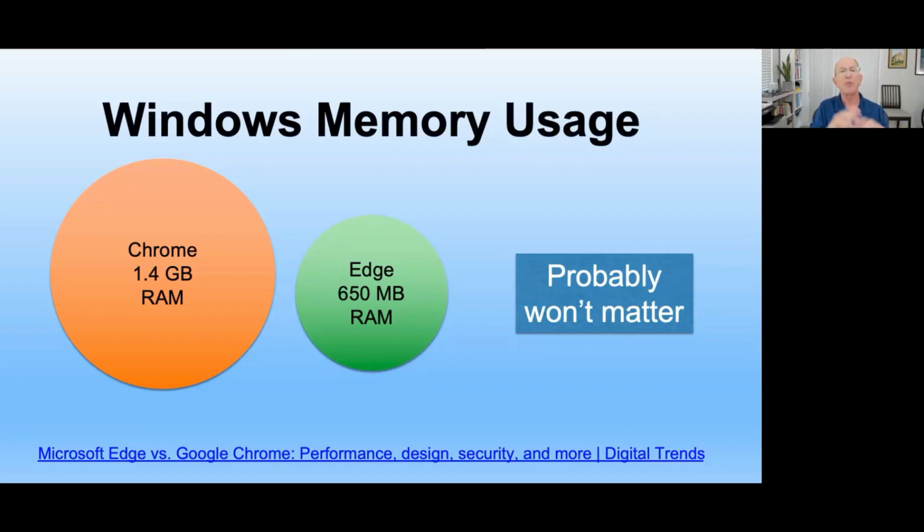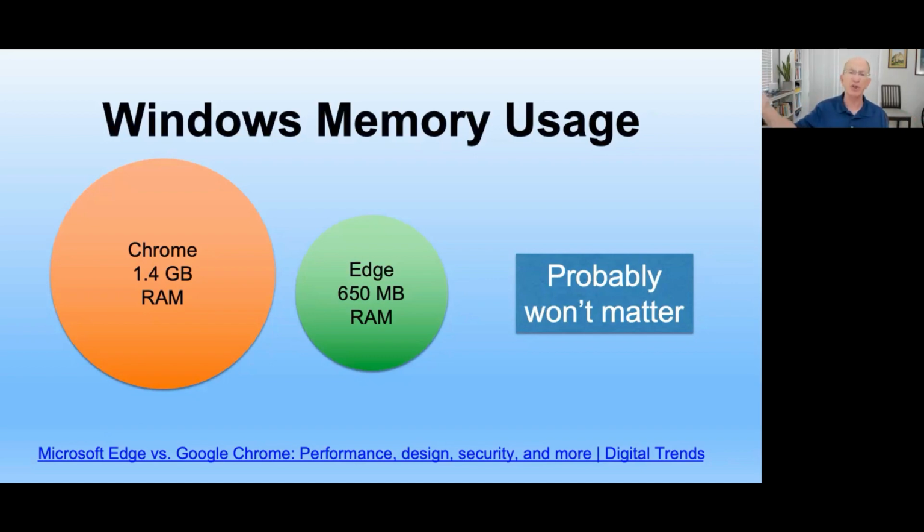It keeps more information in memory. Edge uses about half the RAM, but if you've got a 16 gigabyte RAM machine, it's not going to matter a whole lot. I mean, I run Chrome, Edge, and Safari simultaneously on my computer, and I really don't notice any difference in performance between the web browsers.